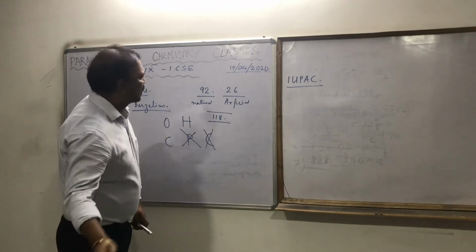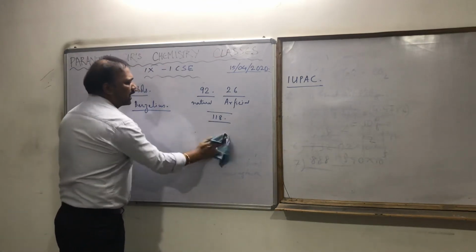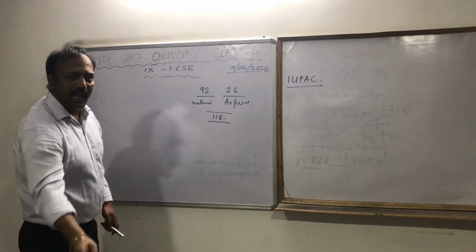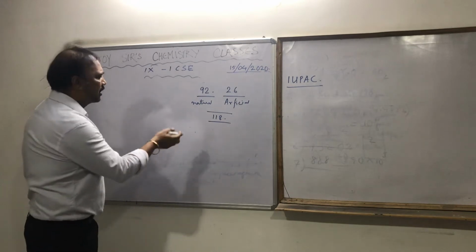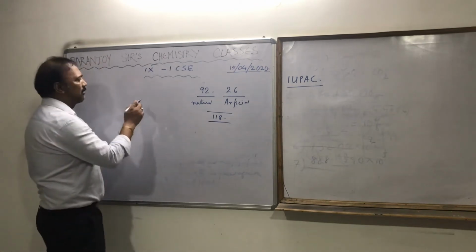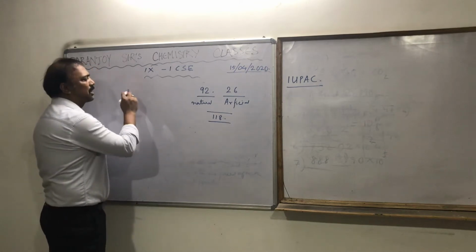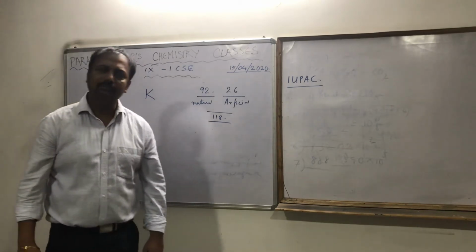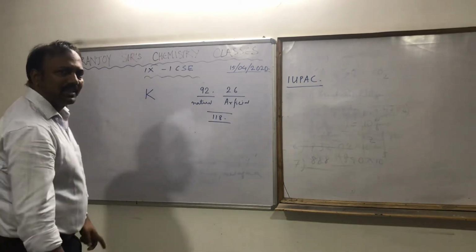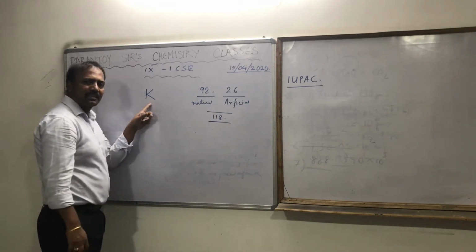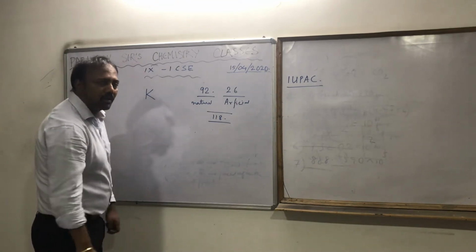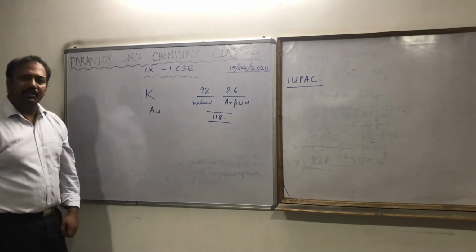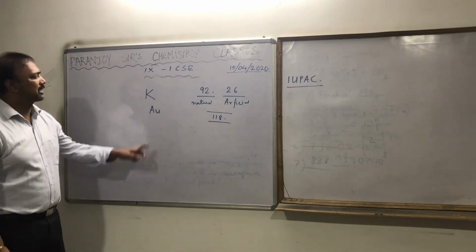The first rule is that it is not necessarily the English name; it can be the Latin name in certain cases. Just now I mentioned potassium. Potassium's symbol is K because its Latin name is Kalium. Gold is not G, it's Au, because its Latin name is aurum.